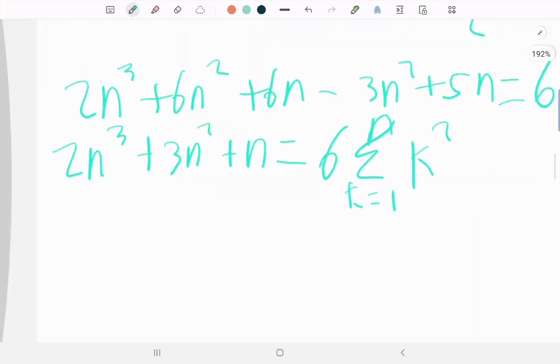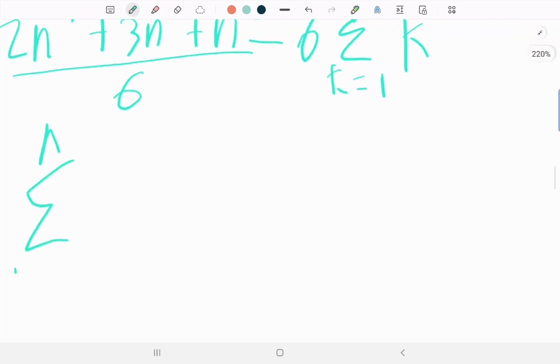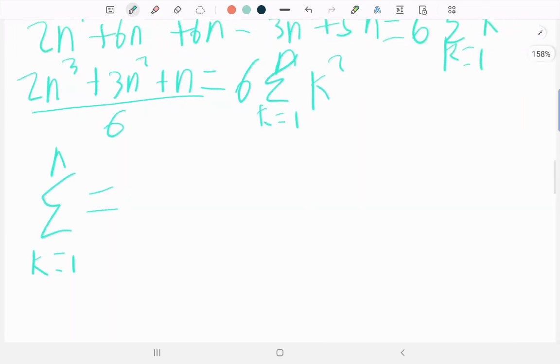So now we can also divide by 6 on both sides. So now we get that the sigma summation from k equals 1 to n of k squared is equal to 2n cubed plus 3n squared plus n divided by 6.